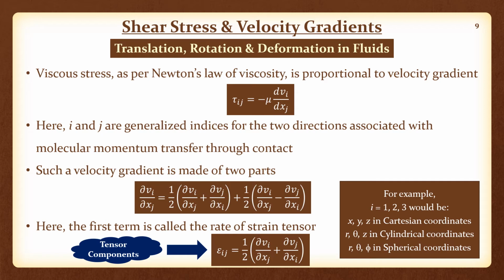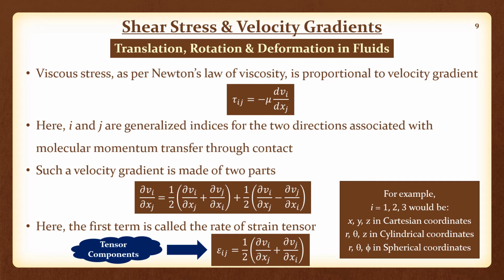So essentially the two dou vj by dou xi terms will cancel themselves out, and we will be left with the velocity gradient again. So the first part, which is half of dou vi by dou xj plus dou vj by dou xi, is called the rate of strain tensor. This captures how much strain a fluid experiences.